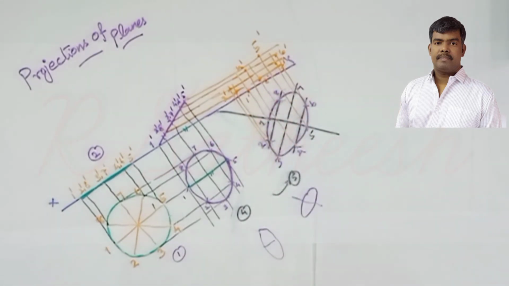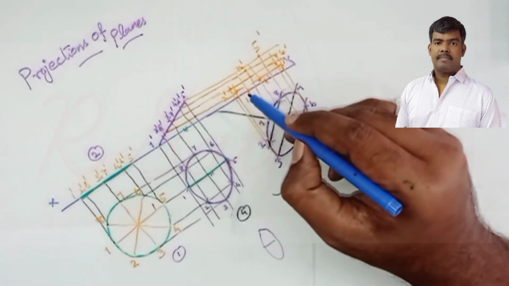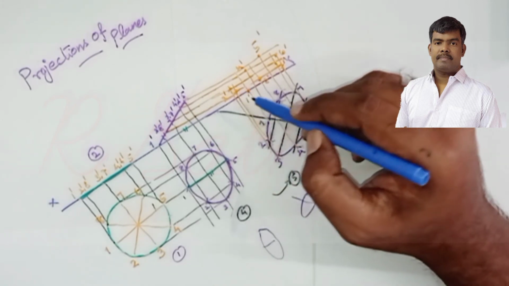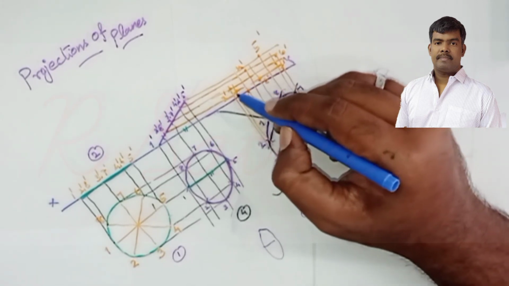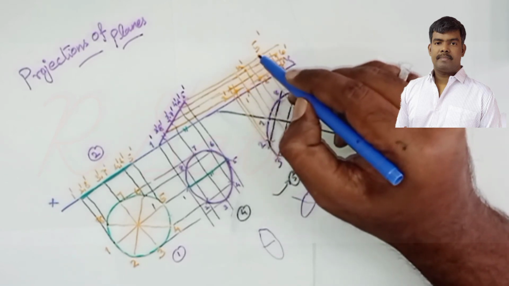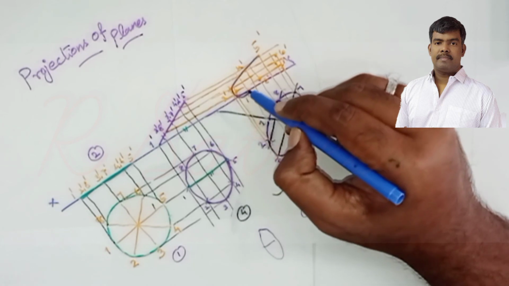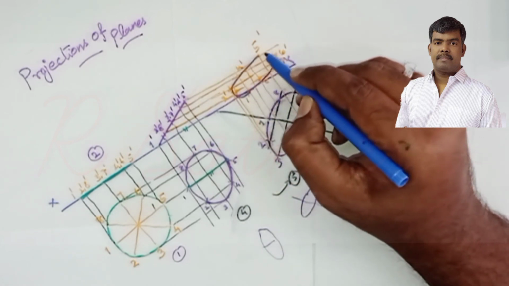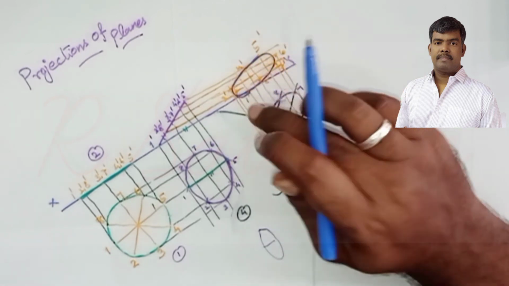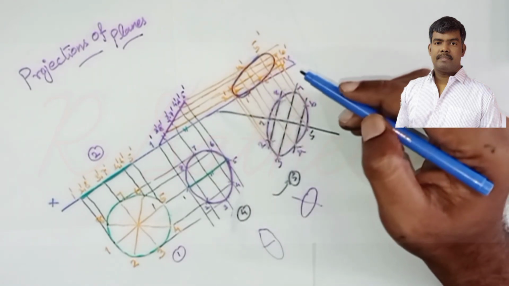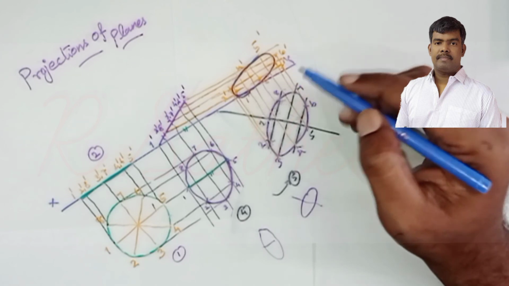So 1 dash. Now you join all the points 1, 2, 3. Clear? So 1, 2, 3, 4 like this. So finally you join. Right? Now this is the answer. Clear?